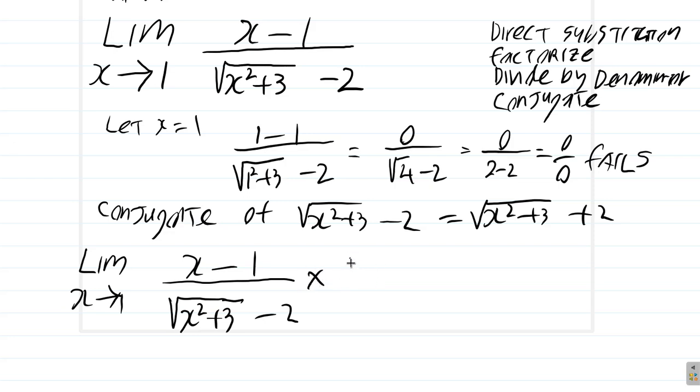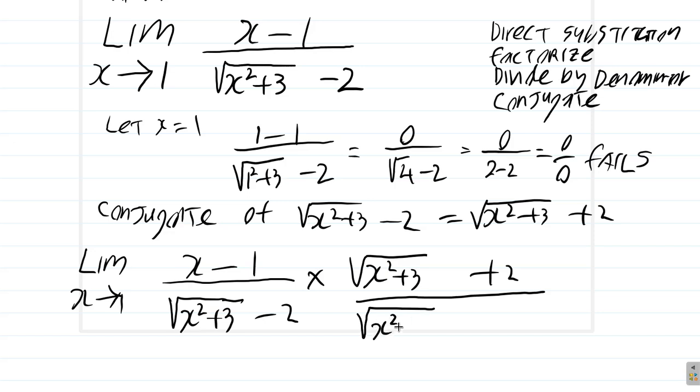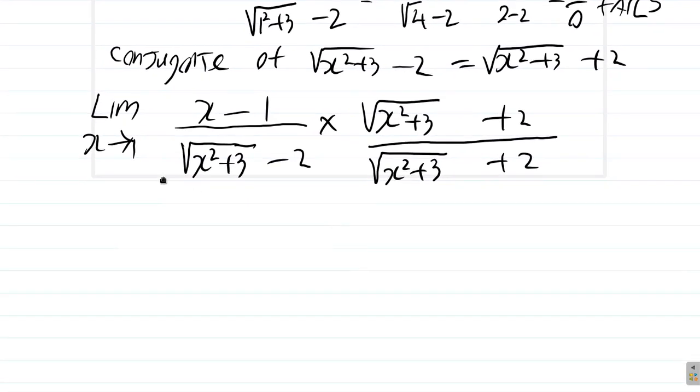We multiply it by the square root of x squared plus 3 plus 2 divided by, this line is kind of long, the square root of x squared plus 3 plus 2. Let us see how that will help us. We could put them in brackets.